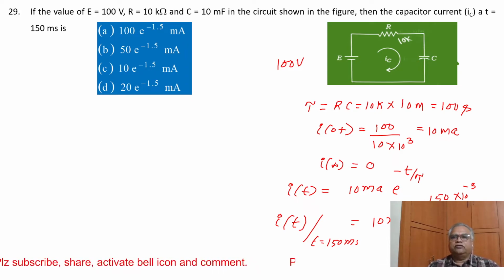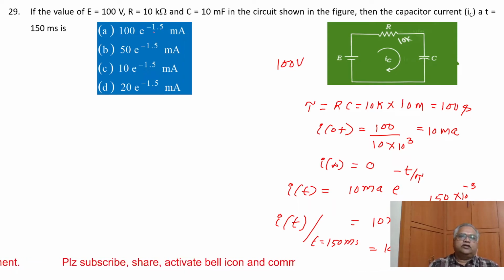So what is the tau value? 100 seconds. It's 1.5 milli. So strictly speaking, 10 milliamps e power minus 1.5 milli. We have not mentioned that as milli, but this is the correct answer.